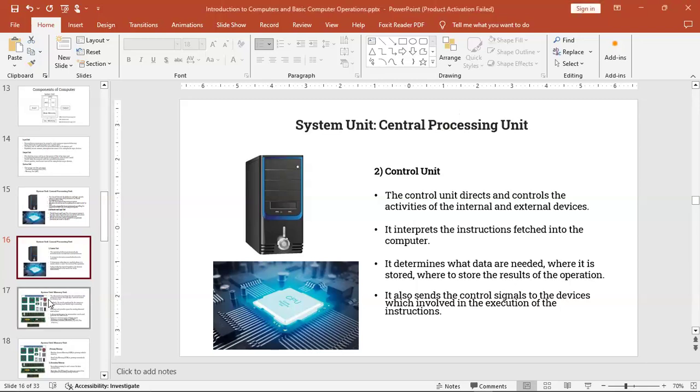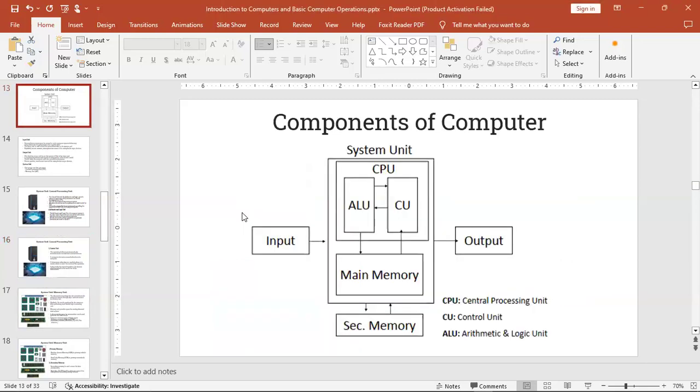So let's go back here. We have seen the first part of the system unit, which is the CPU, central processing unit, and we have spoken about the two different parts or components of the central processing unit, which are the arithmetic logic unit and the control unit.